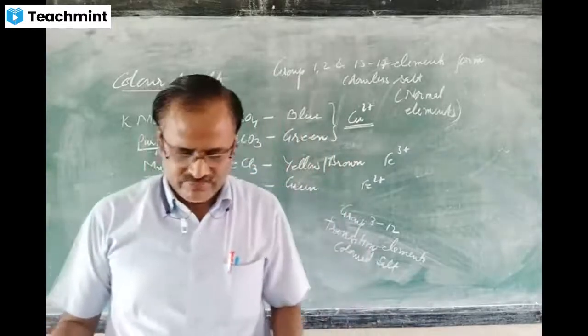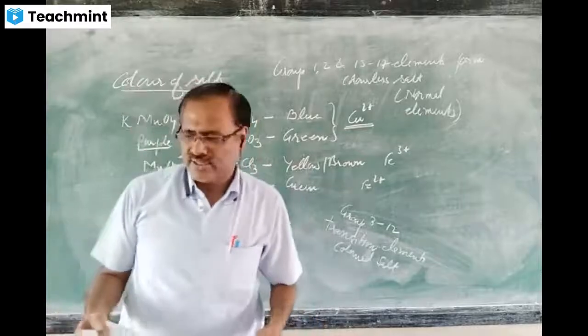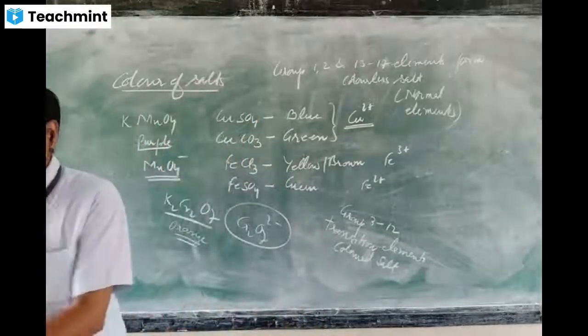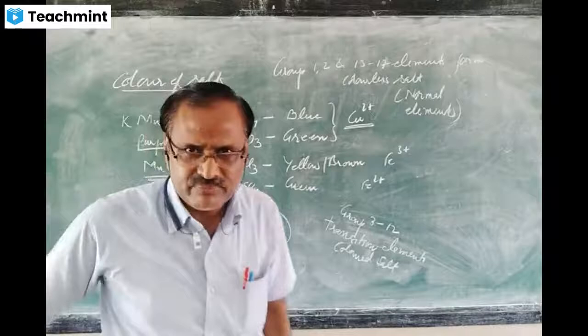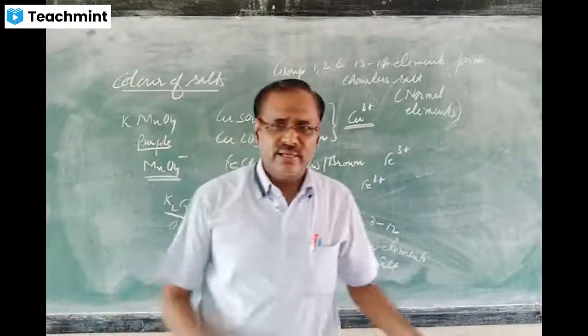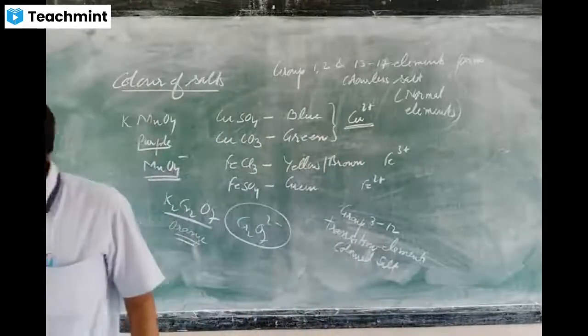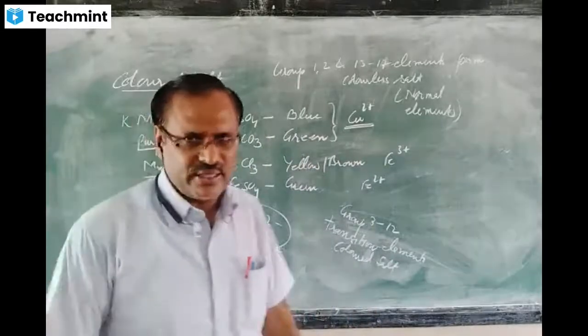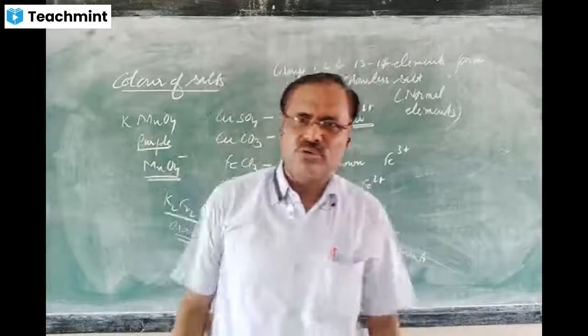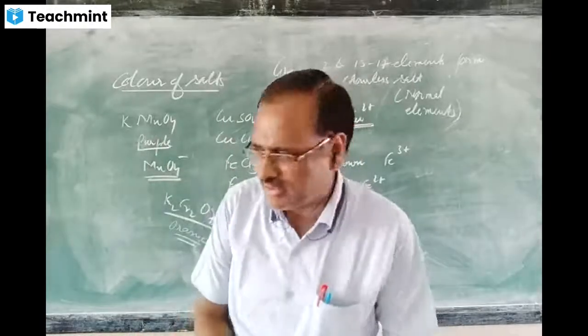So I suggest that you learn the colored ones only, and the rest are colorless. It will be useful for you, because when the question is asked for observation, in observation we have to say the color of the compound only. So that's why it is very, very useful. Please learn it.